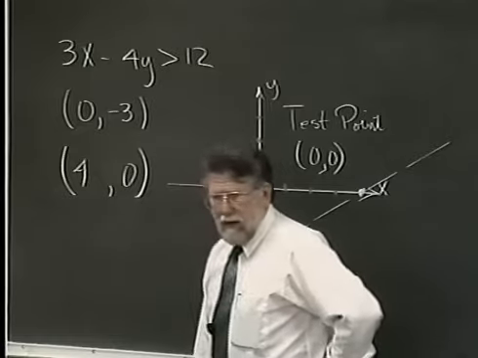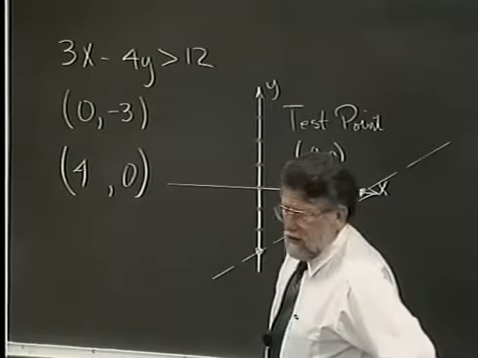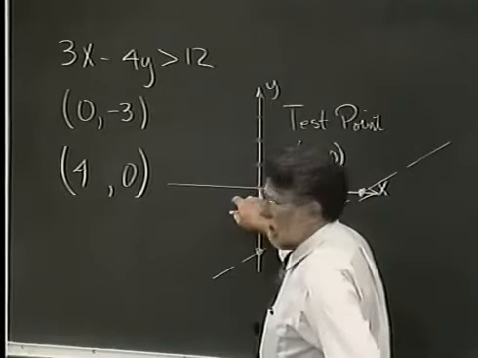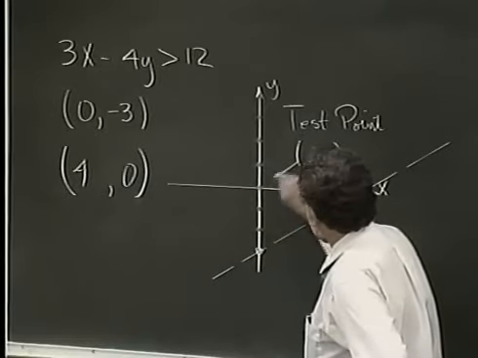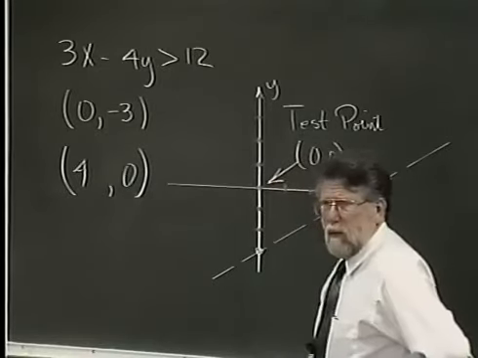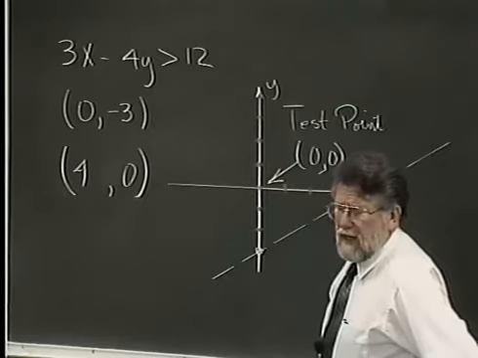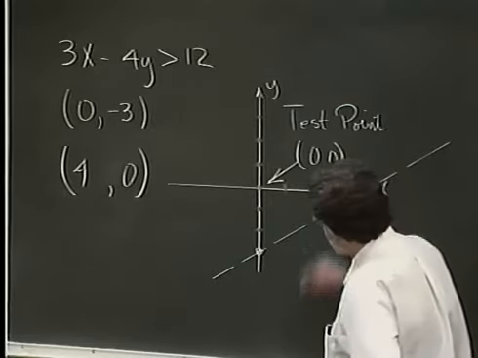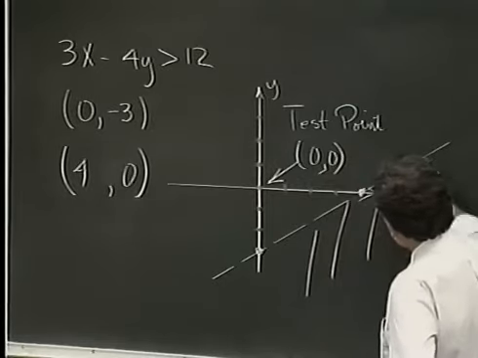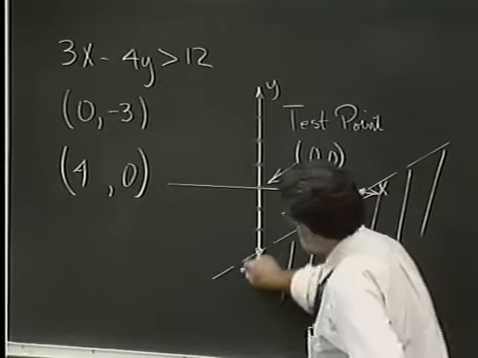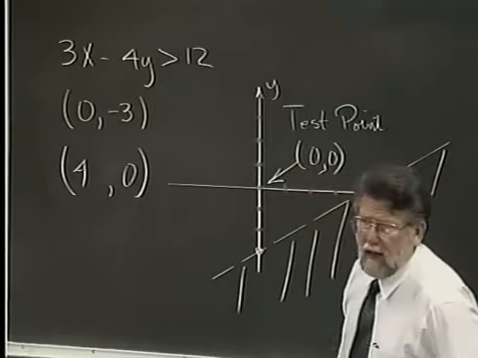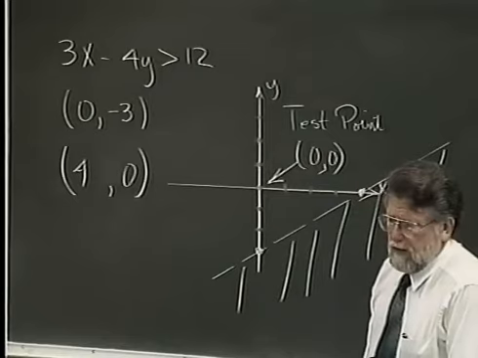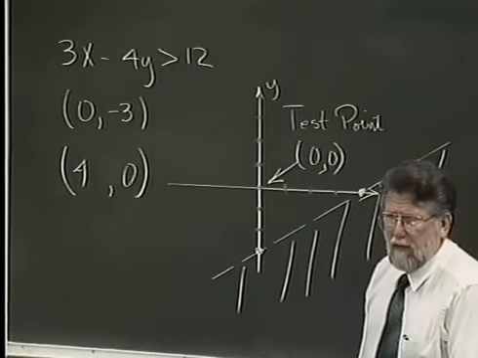Is that greater than 12? And the answer is no. So this point right here didn't work. So my test point was right there. It didn't work. And so I'm arguing everything on that side will not work. And so my solution is everything what you might think of as below that line. And that's what should have been done for that problem.